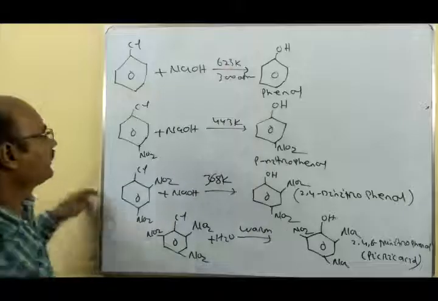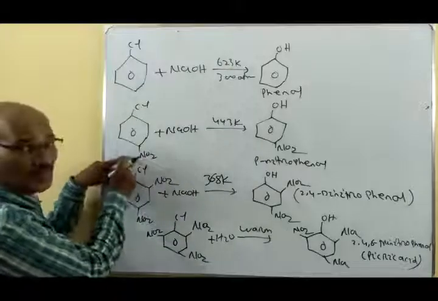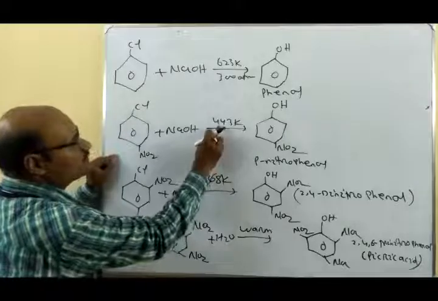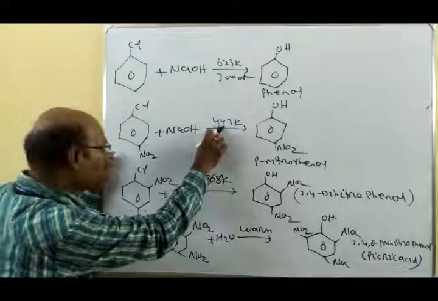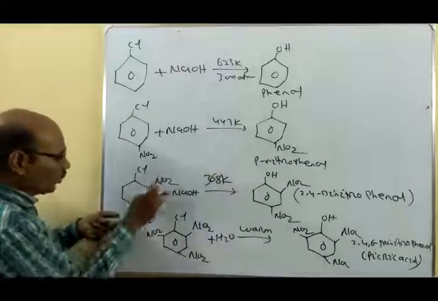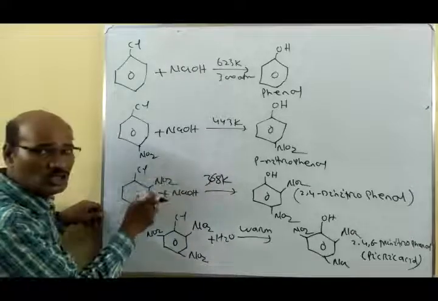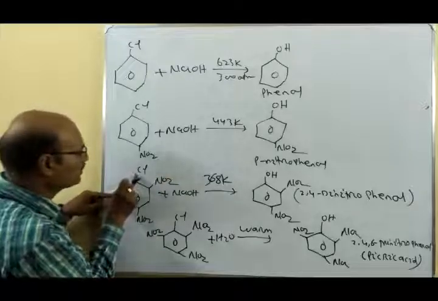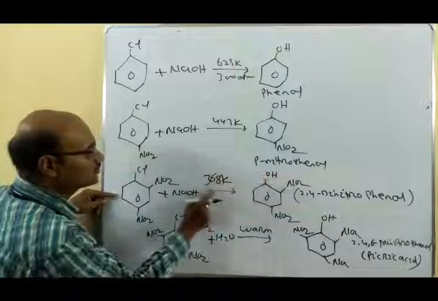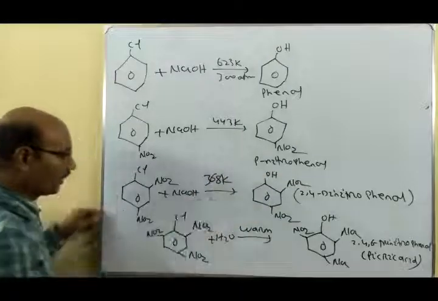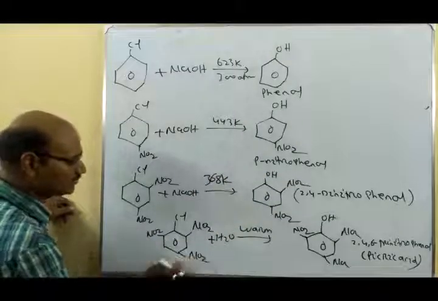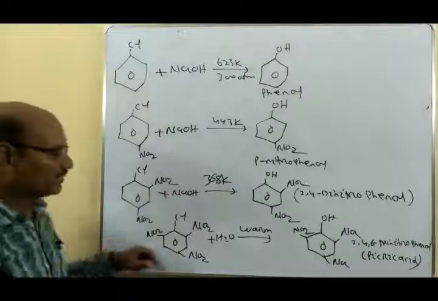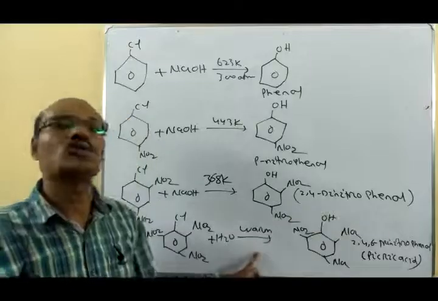Whereas when an electron withdrawing group NO2 is present at the para position, this Cl is replaced by OH at just 443 Kelvin. When we attach 2 nitro electron withdrawing groups to this benzene ring, then the Cl is replaced by OH at just 368 Kelvin. And where 3 nitro groups are attached, then it is easily replaced by OH simply from water on warming.